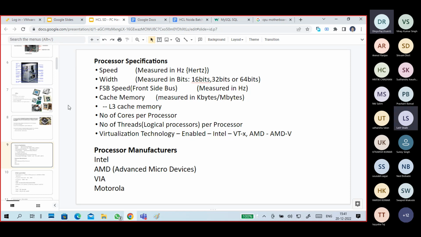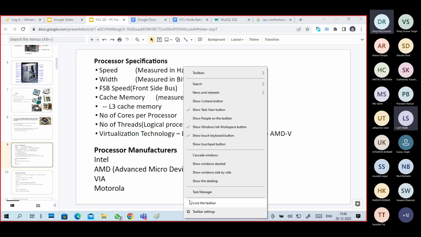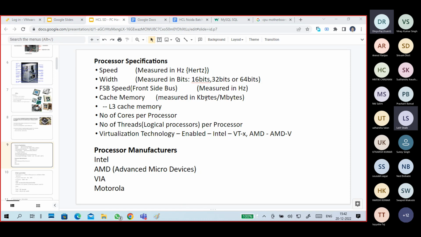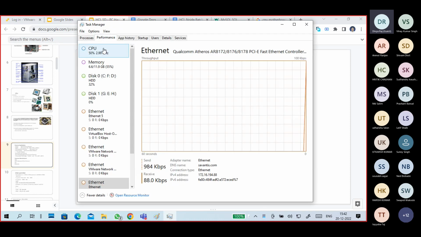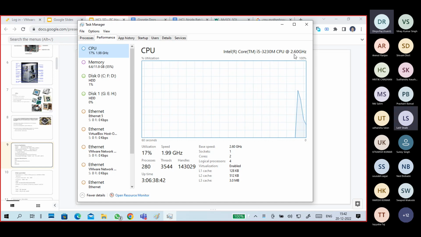Very good. Every processor has certain specifications, like speed. Currently we have speeds in gigahertz: 1 gigahertz, 1.5, 2, 2.4, 2.6, 3, 3.6, 4, 4.2 gigahertz, like that different speeds are there. For example, my processor is a 2.6 gigahertz processor, an i5-3230M at 2.6 gigahertz.